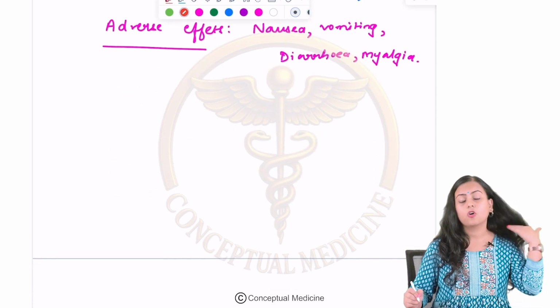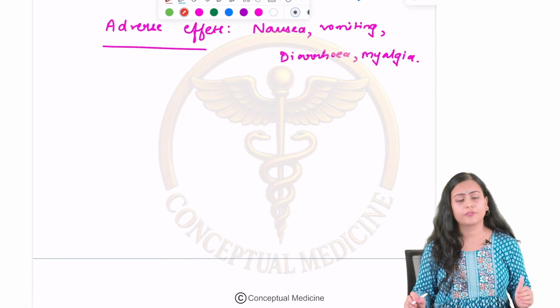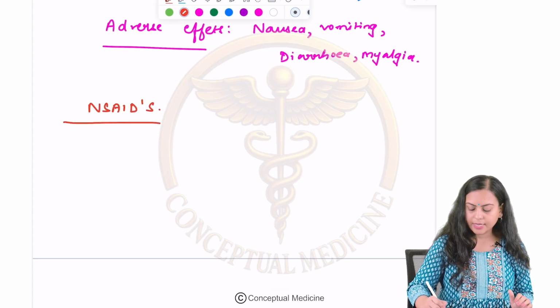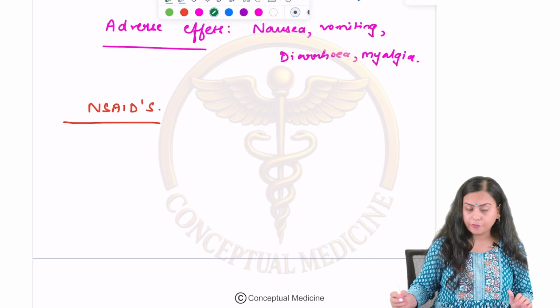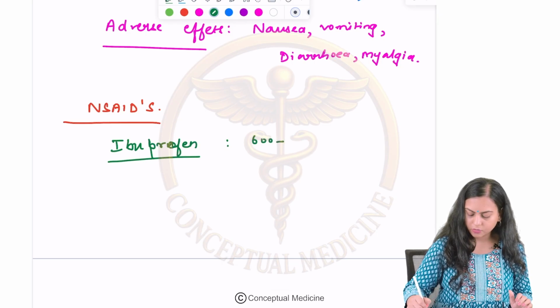And the next non-hormonal agent used in the management of AUB is NSAIDs. Okay, non-steroidal anti-inflammatory drugs. We can give ibuprofen at a dose of 600 to 800 milligram.